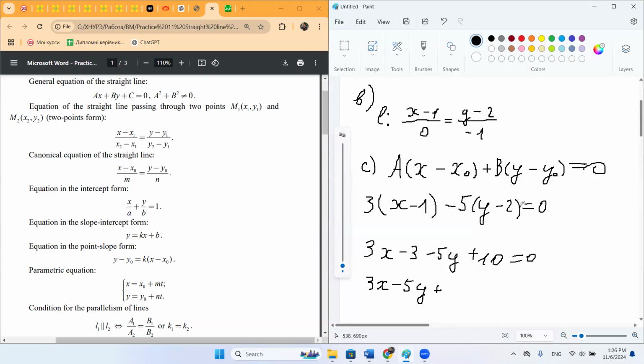Okay, 3x minus 5y plus 7 equals 0. So this is the general equation of the line.